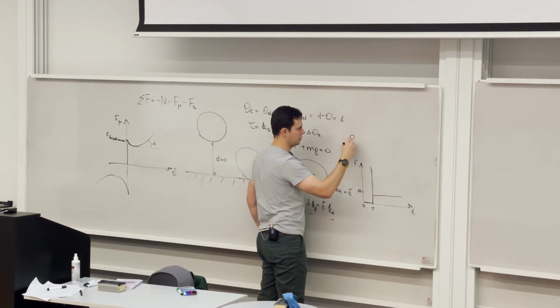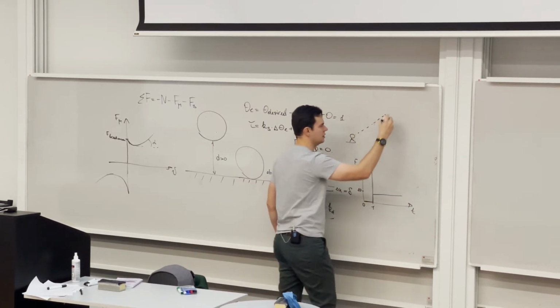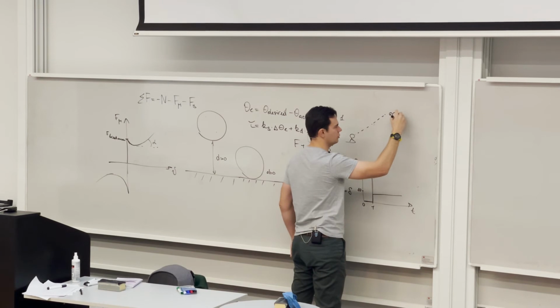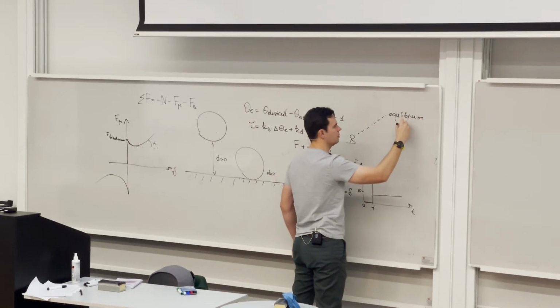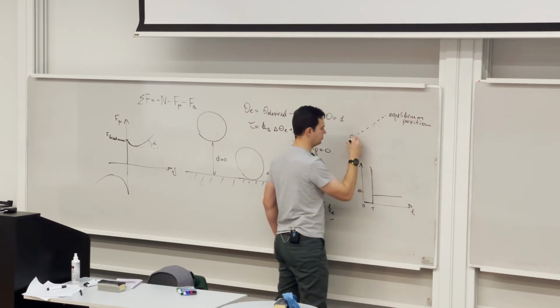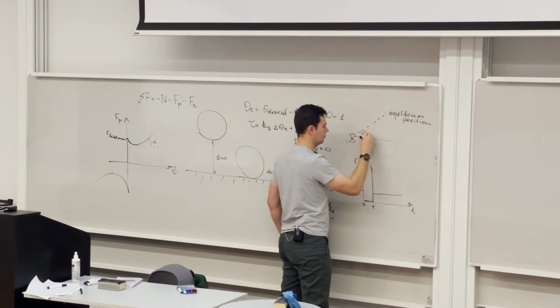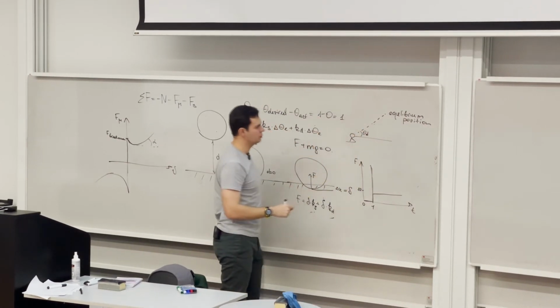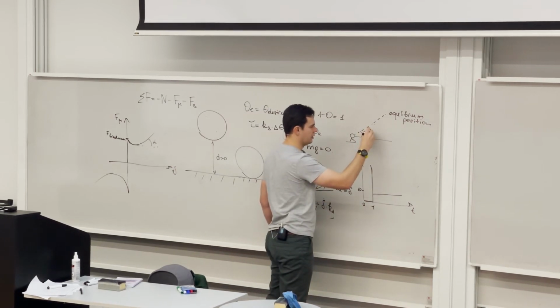We can draw a picture. Suppose that it is the equilibrium position, and at this angle equal to the desired angle, right here we have a spring and a damper.